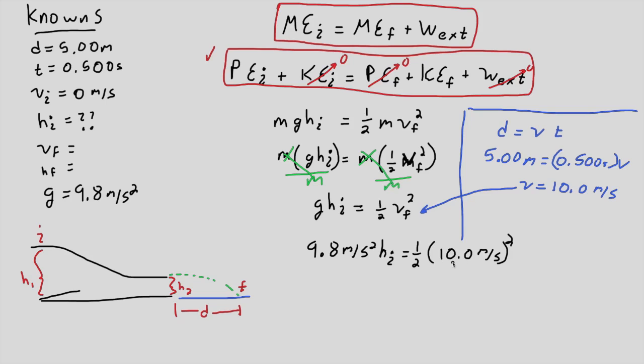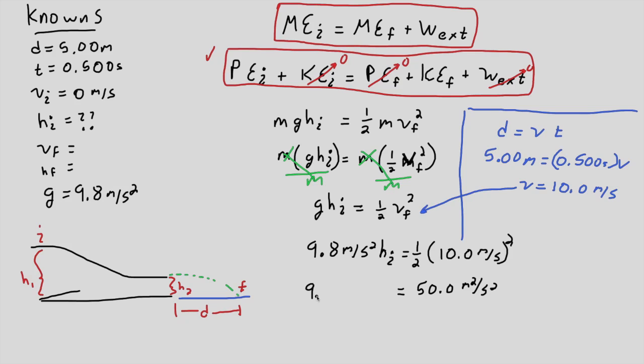So if you multiply this through, it's going to be 10.0 times 10.0, so 100 meters squared per second squared. Multiply that by a half, and you'll wind up with 50.0 meters squared per second squared, because you've got to remember your units as well.